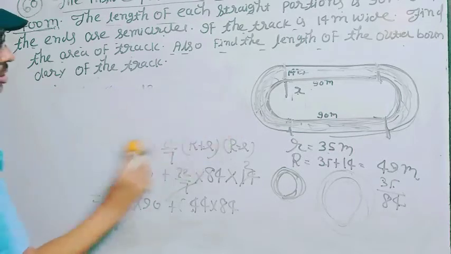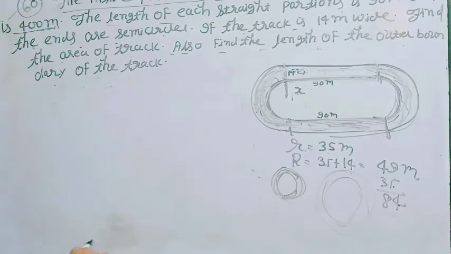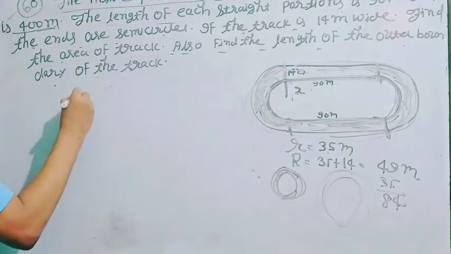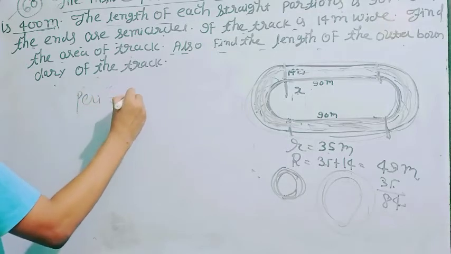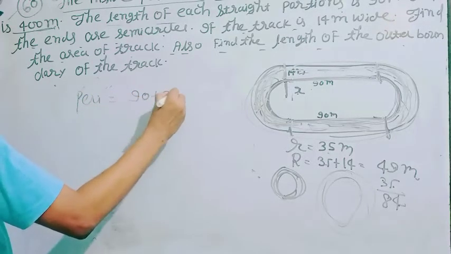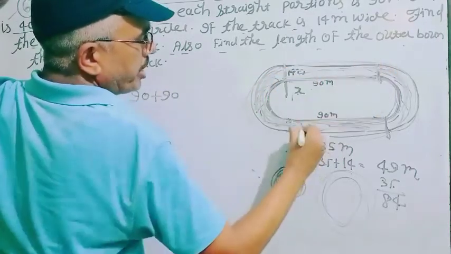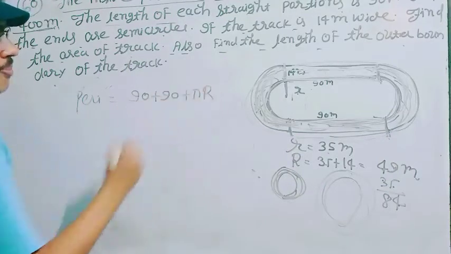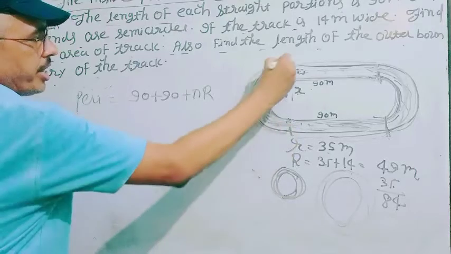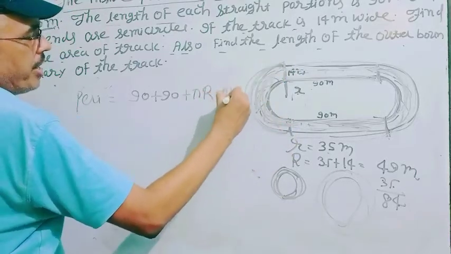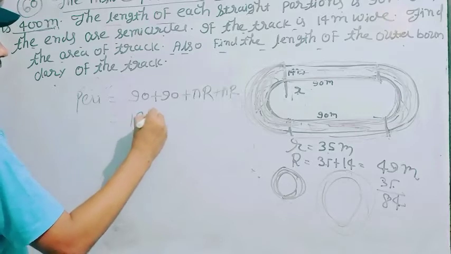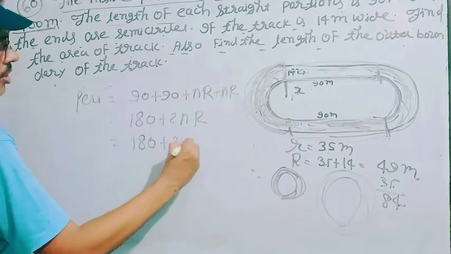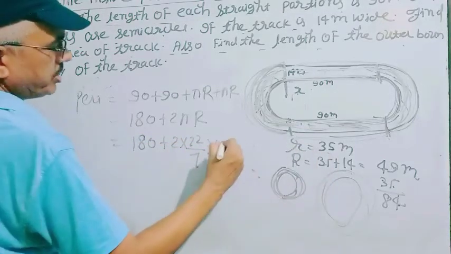After that, your question is also to find the perimeter of the outer track. So what is the perimeter? Now for the outer part, perimeter is equal to 90 plus 90, plus pi R and pi R, because now the track is here and the radius will be capital R. So it is 180 plus 2 pi R. Now you write 180 plus 2 into 22 by 7 into 49, and capital R is 49.